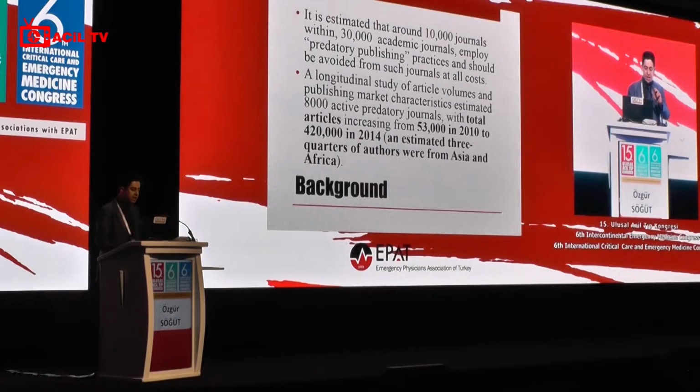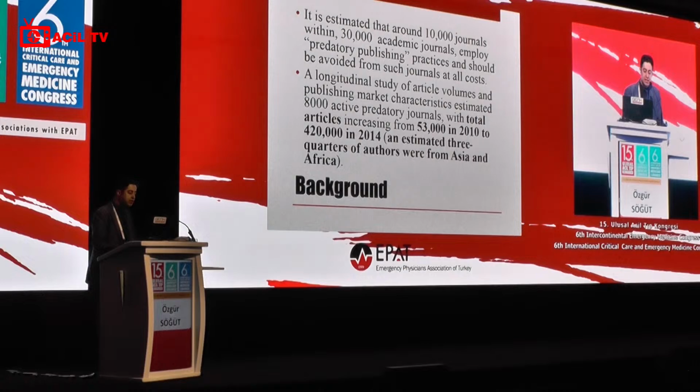It's estimated that around 10,000 of 13,000 academic journals are predatory journals. Predatory journals, what does it mean? Predatory journals are also known as incredible journals, fake journals, pseudo journals, or shooter journals. It's a lot of names. Researchers should avoid such journals at all costs.